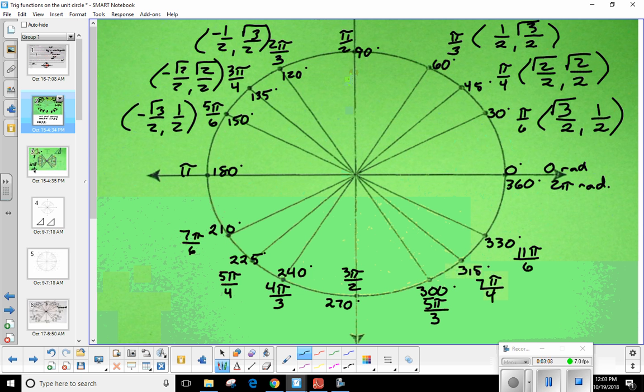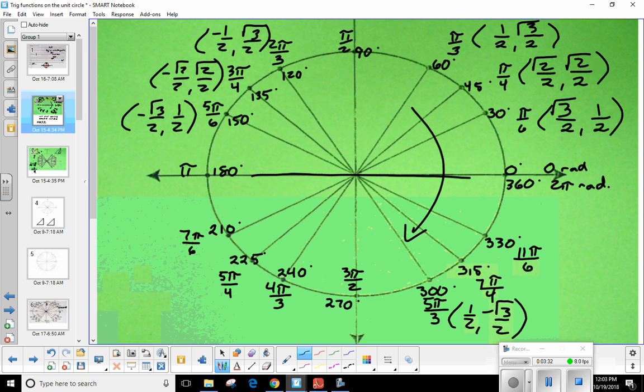I can also take those exact points from quadrant 1, fold on the x-axis. Okay, just reflect those guys down. So 60 degrees would correspond to 300 degrees. So how would this point at 1/2, square root of 3 over 2 change? Yeah, now it's the y being negative. So this would be 1/2, negative square root of 3 over 2.